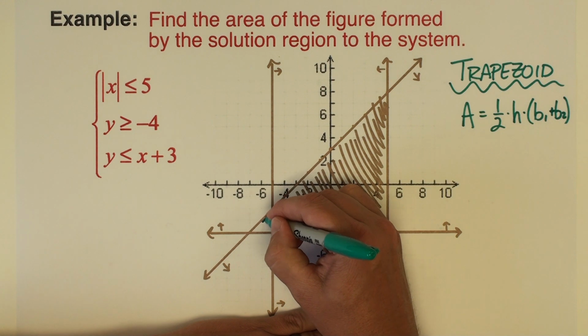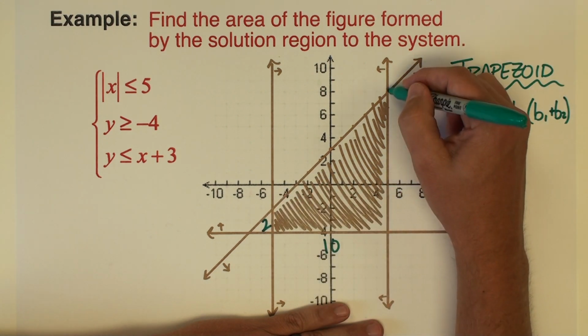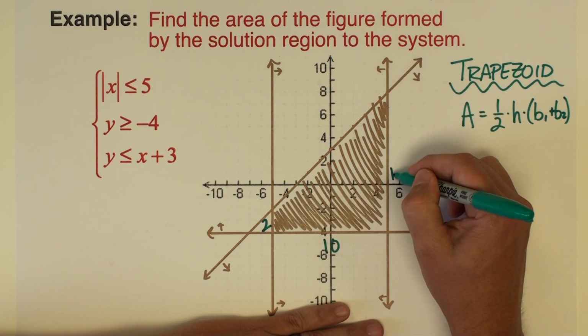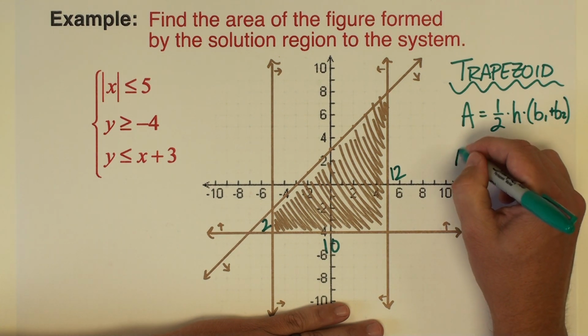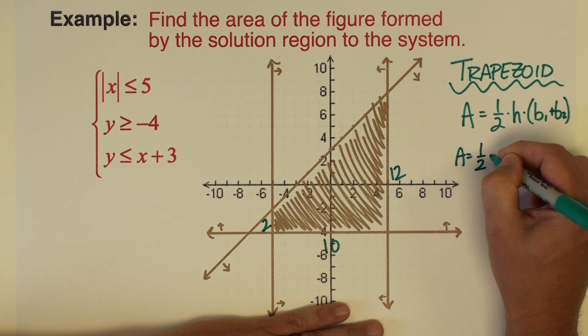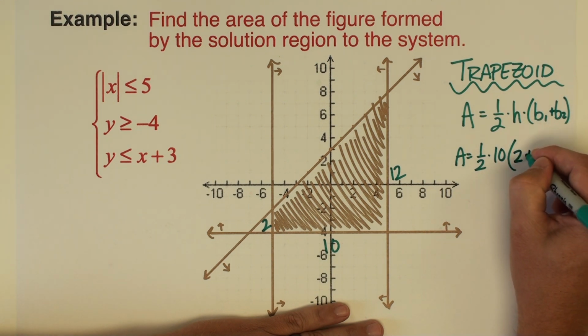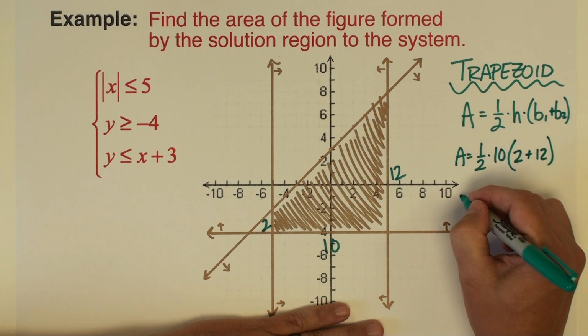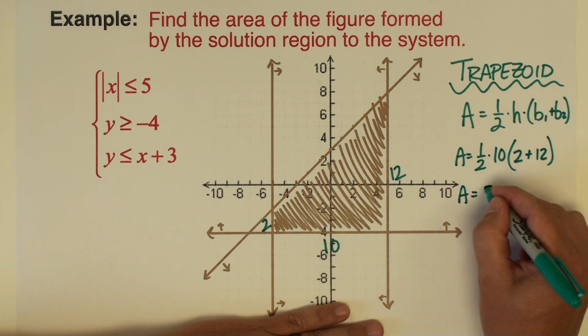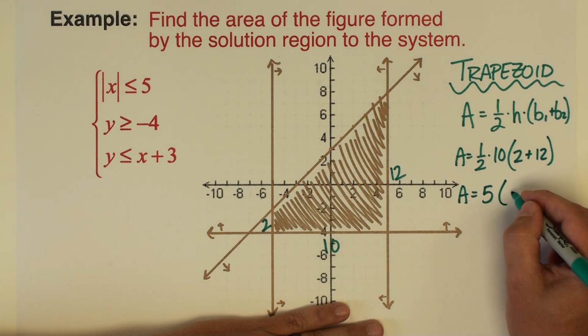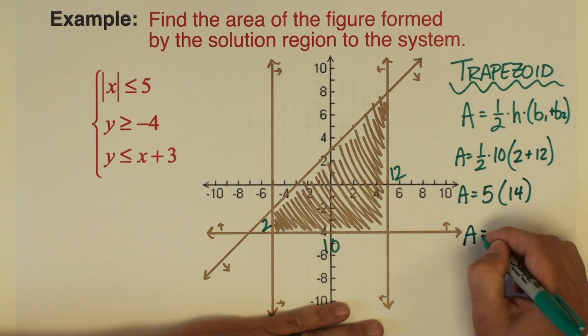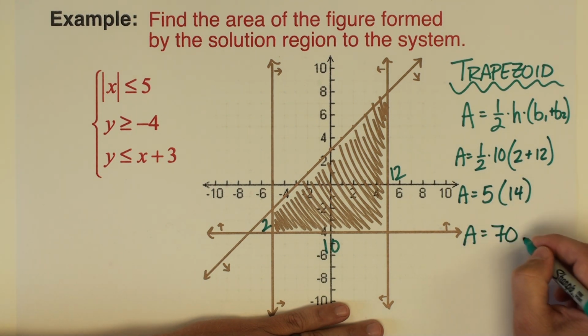This little piece right here is 2, and if I count this little piece, it looks like 12. So my area is one half times 10 times the quantity 2 plus 12. Half times 10 is 5, 2 plus 12 is 14, and so my area is 5 times 14, which is 70 units squared.